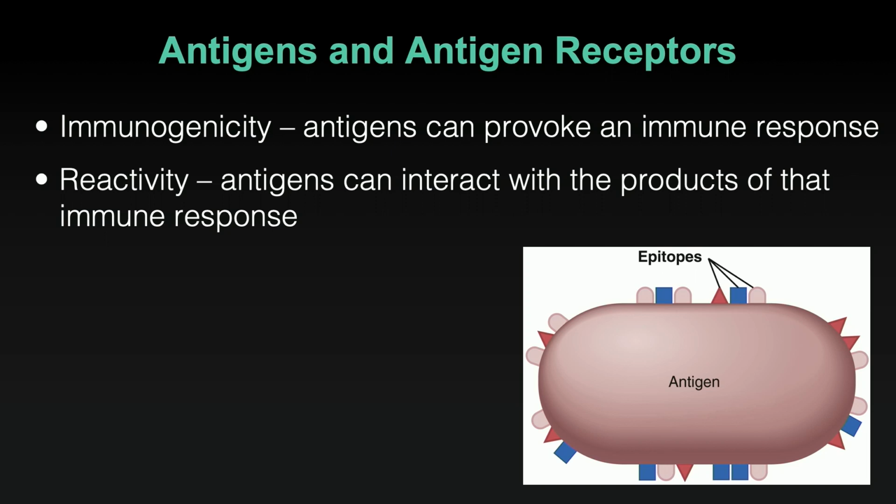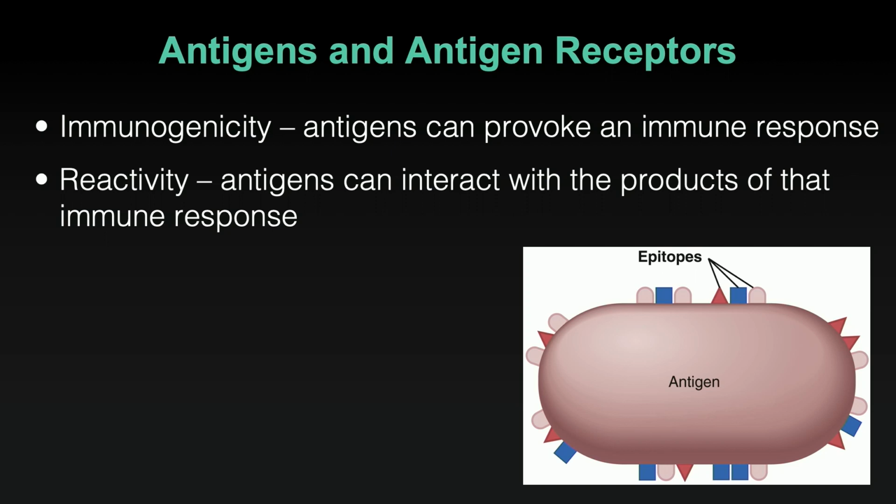So in one sense, in the first sense, they are the effector, they are causing an action. And in the second sense, they are the subject of the action. They are initiating an immune response, and then they are the subject of, the target of that immune response.